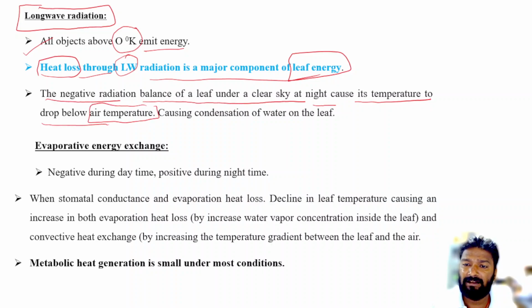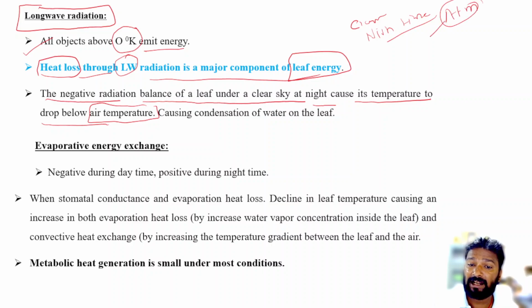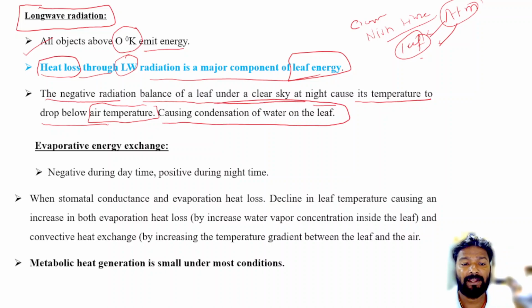So when the sky is clear and during the night time, when the atmospheric temperature is less, at that time the leaf temperature decreases more than the atmospheric temperature, which may cause the condensation of water on the leaf. Okay, so for this the long wave radiations are responsible.